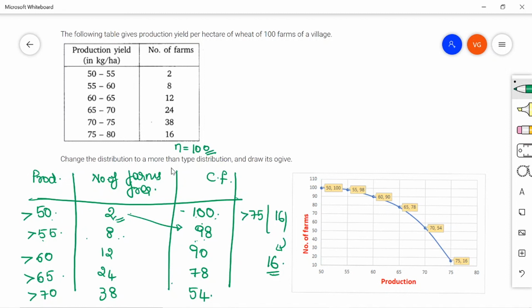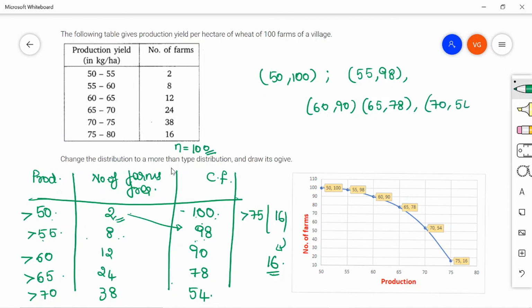So the corresponding points here are 50, 100, the greater than frequency, and the corresponding cumulative frequency. 55, 98, then 60, 90, 65, 78, 70, 54, 75, 16 here.